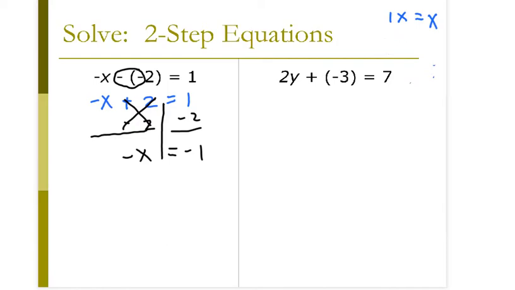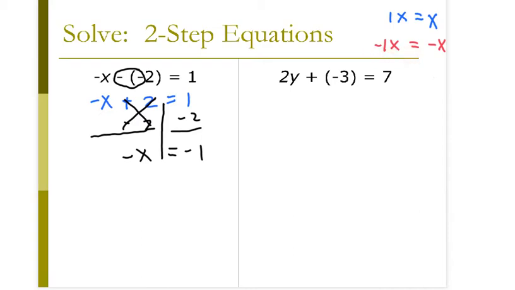We could even extend what we know to say, okay, if we have -x, then that must mean that it's the same as -1 times x. So let's rewrite what we had here with that knowledge. Where we have -x, we could replace it with its equivalent value of -1x.